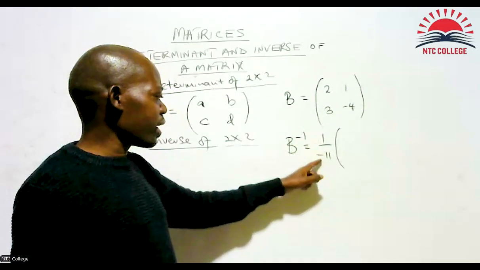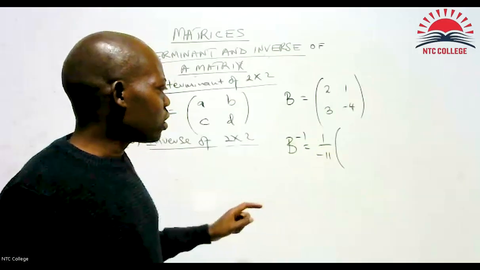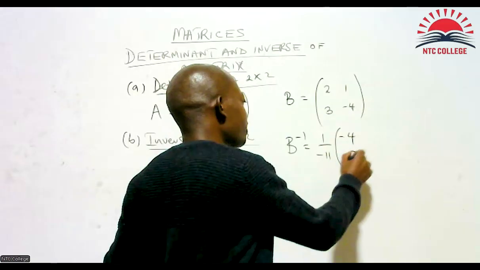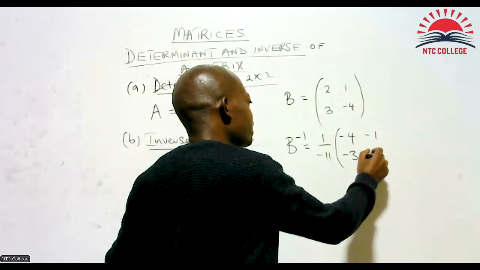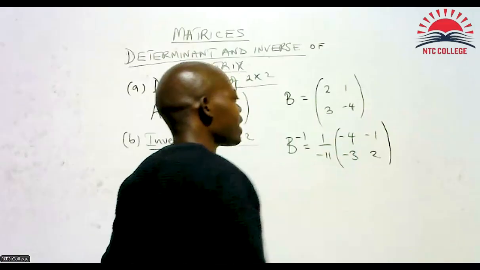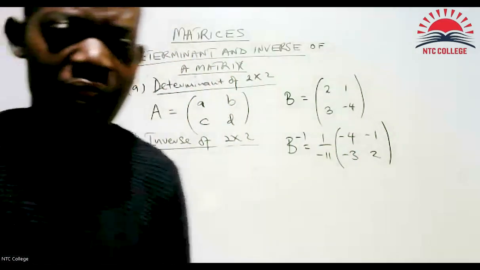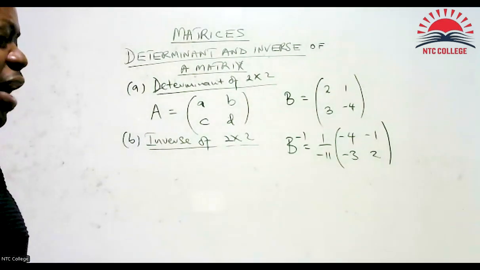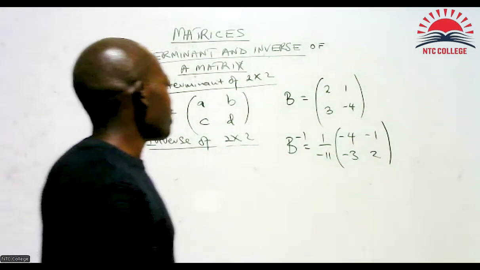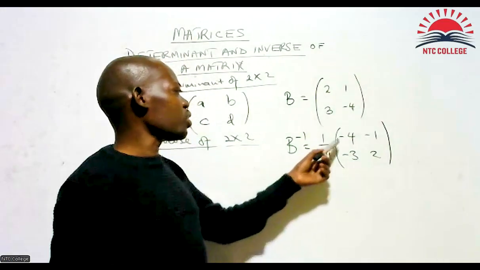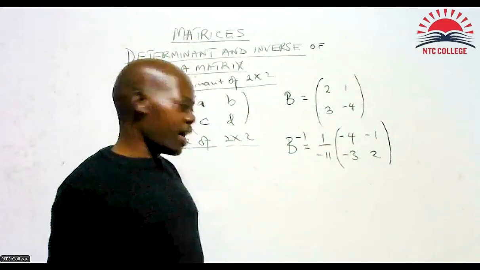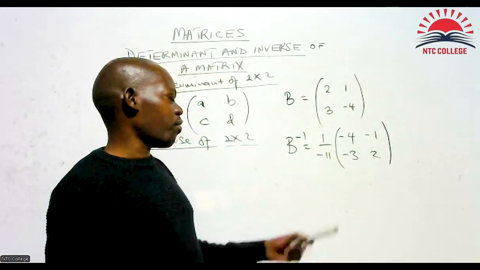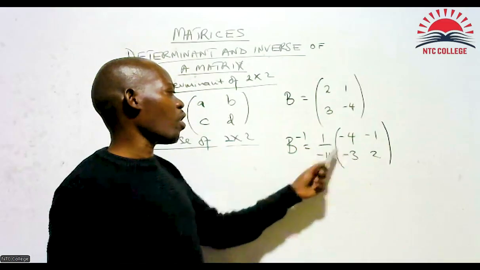Therefore, we have 1 all over -11 into -4, -3, -1, and 2. That's the inverse. You are allowed to simplify further. If you wanted to simplify, it would mean we multiply the determinant with each and every element, such that in the first case, you will have +4 all over 11.